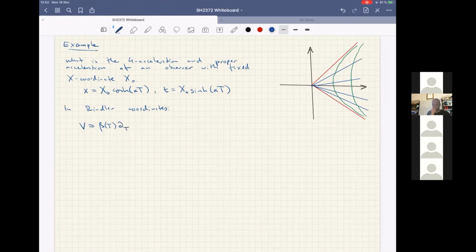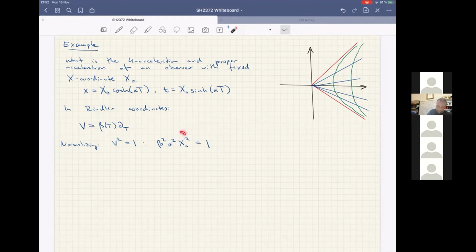So it's going to be purely in the t direction because the x coordinate is fixed. If we normalize now that v squared is equal to 1, we will get that beta squared alpha squared x0 squared should be equal to 1.